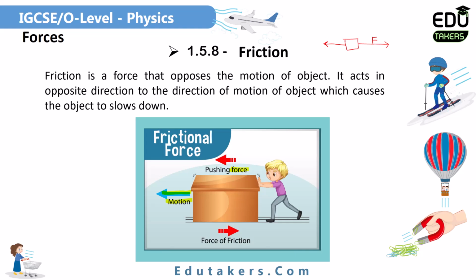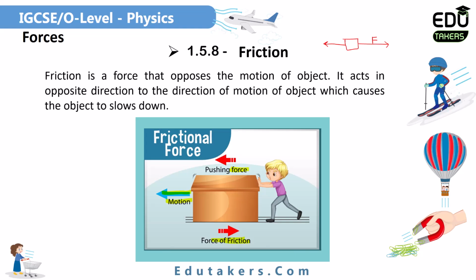Whether the object moves or not, there is always the frictional force. Sometimes the object does not move due to the friction. Sometimes the object moves, but it moves with very small speed. So in this case, this table moves towards the left when you apply the force. Again, there is the frictional force which is acting in the opposite direction to the motion, towards the right.